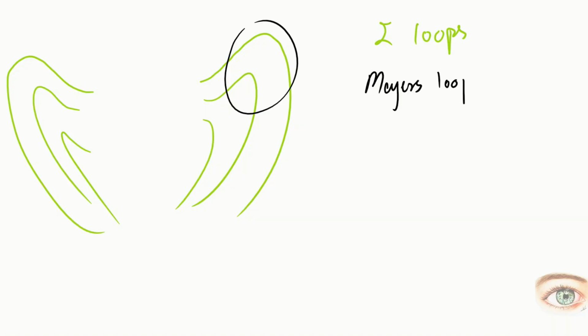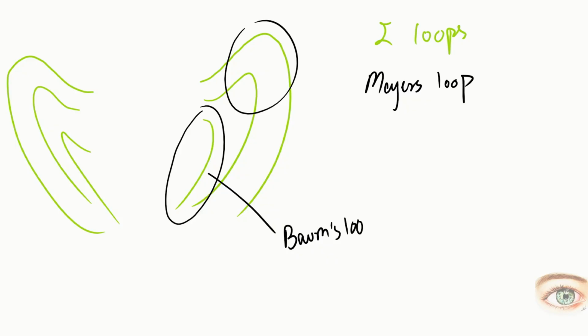This first one, which is extending superiorly, right over here, is called the Meyer's loop. And this one, going straight, is called the Baum's loop.